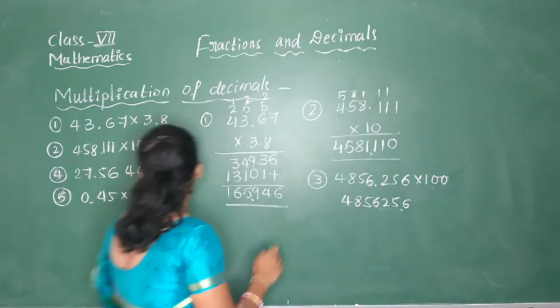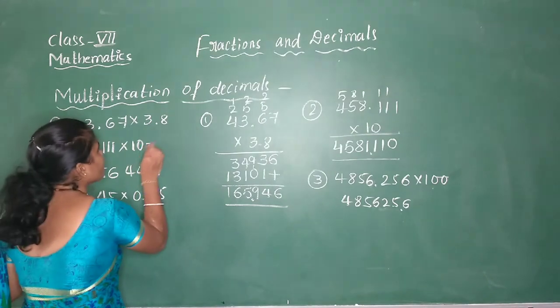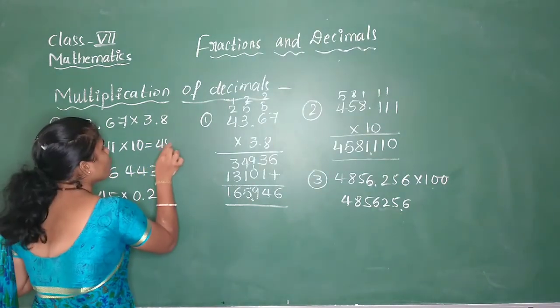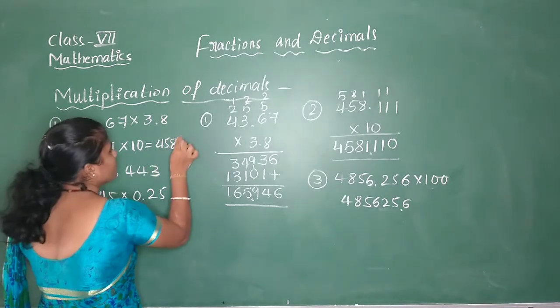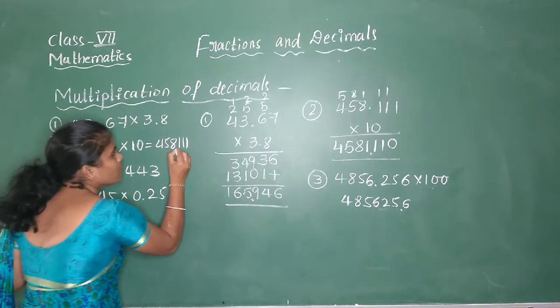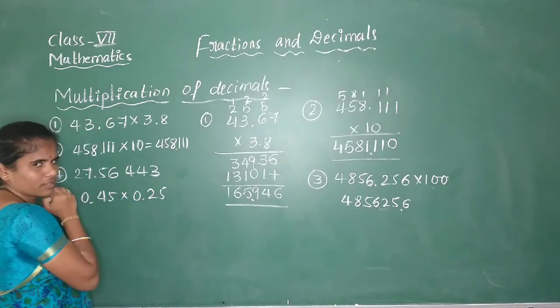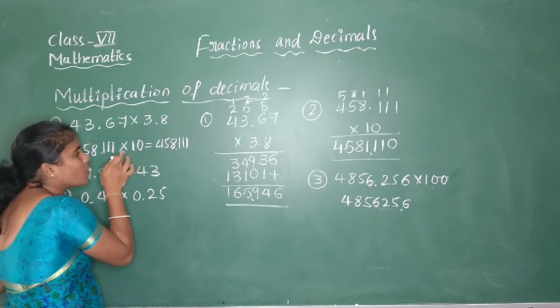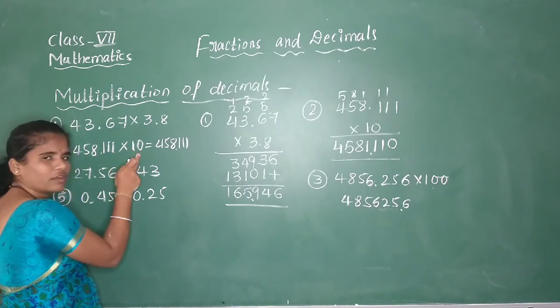458.111 is there, no? Here also we can multiply. See, first write the numbers as it is, that is 45811. Next the point is here, isn't it? See, here only one zero is there, that is, we have to multiply this number with 10.